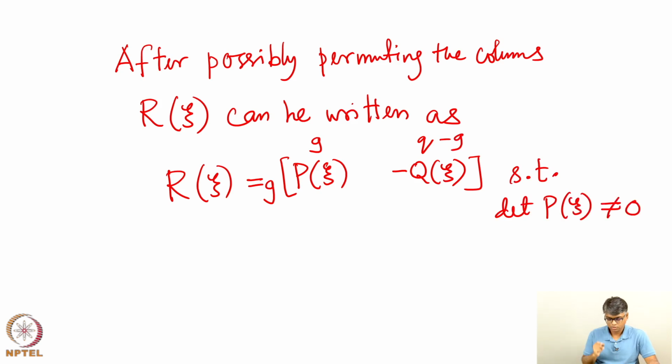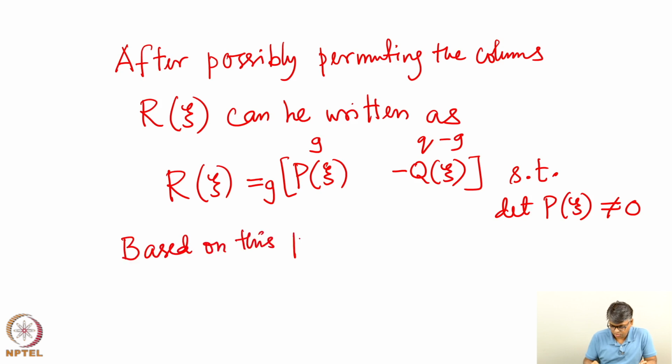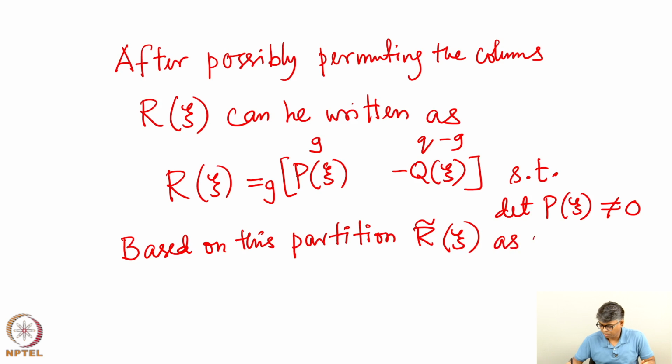Okay. Now, based on this, partition R tilde(ξ) as well. We partition R(ξ) following all these rules, because I need this part to be square with non-zero determinant.